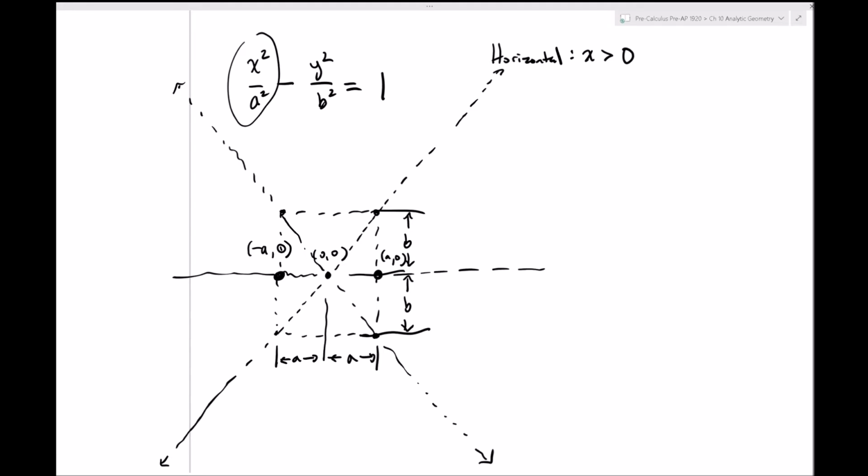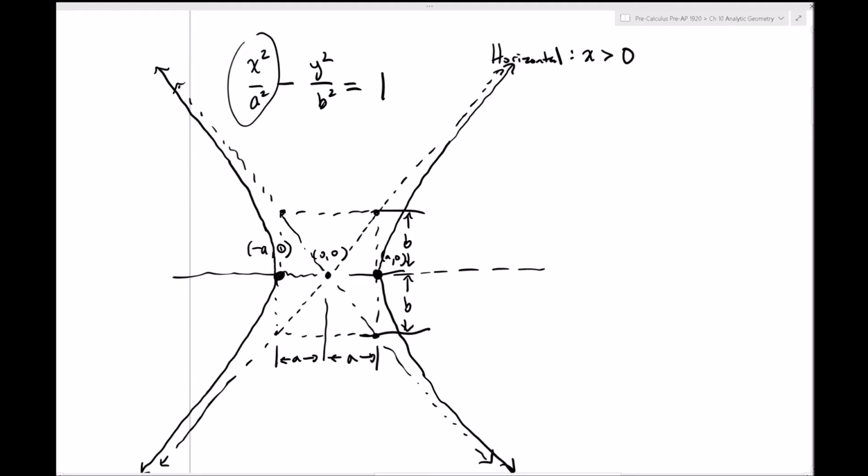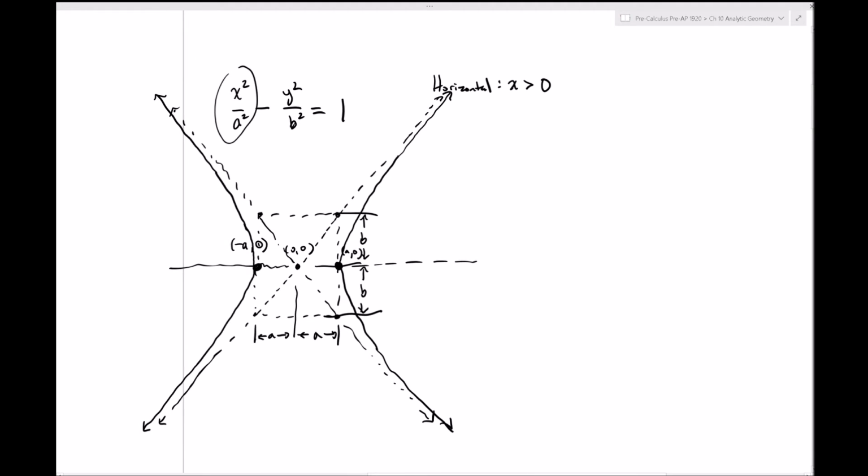So once I have my vertices, which I've already drawn, then the rest of the figure just looks like this. It's a curve that will approach those lines as asymptotes. So you curve it out a little bit inside, and then you straighten them out outwards that way. And that's what that hyperbola is going to look like.